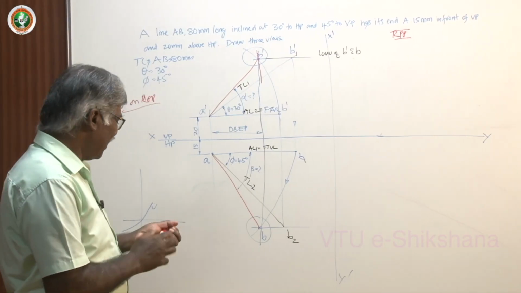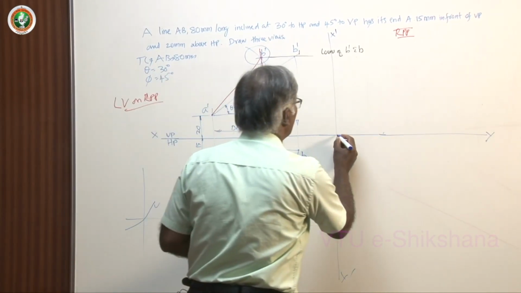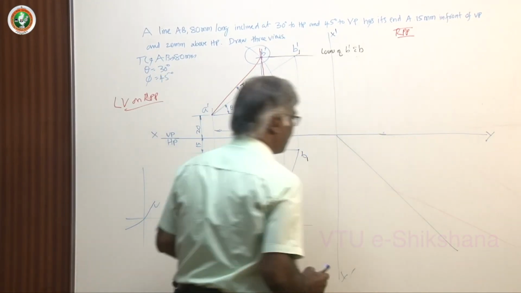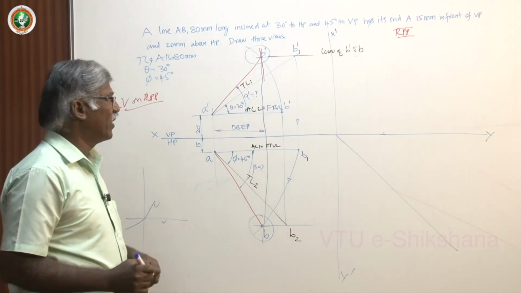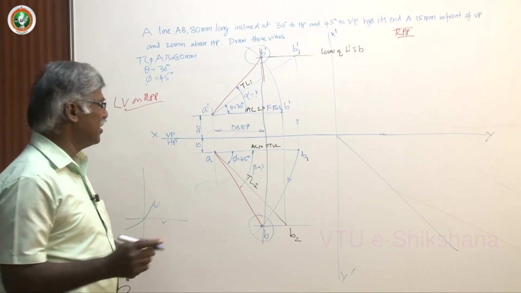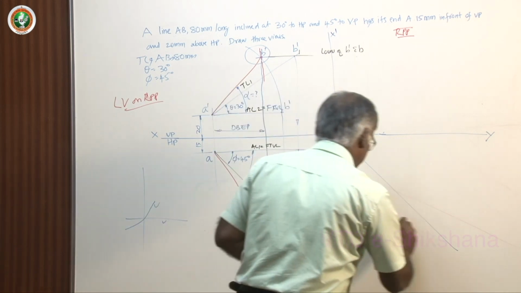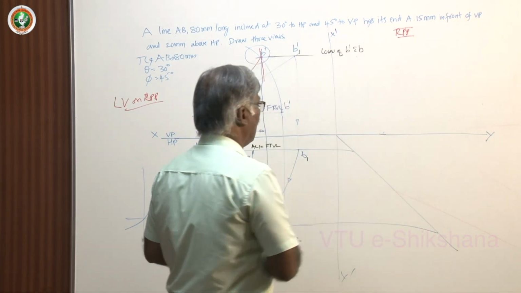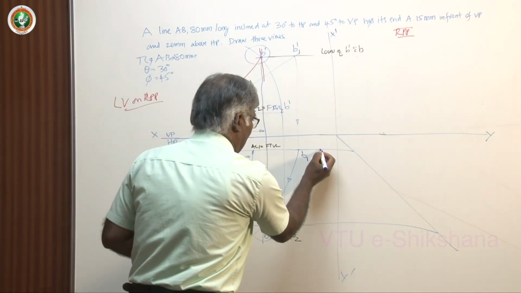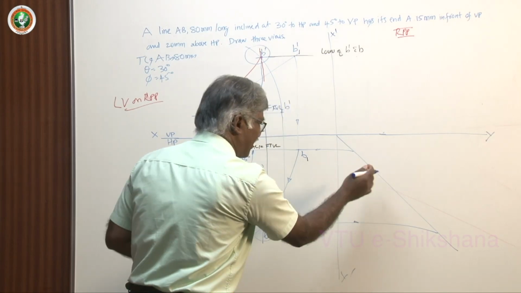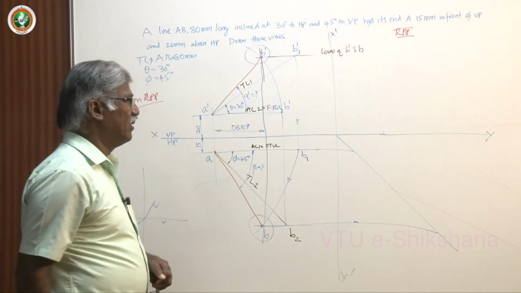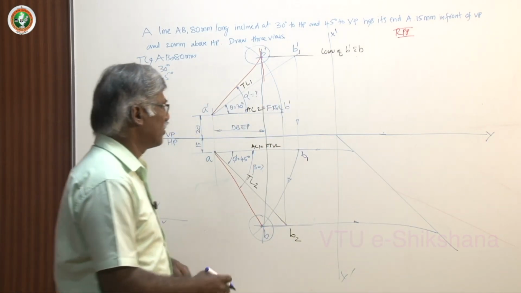Now, as usual, draw the 45-degree line. Check twice, because you get a difference in the length if there is a small change. Now, A, B projected. See, just observe here, I have stopped exactly at 45 degree. Don't proceed unnecessarily. It leads to confusion and also mistakes.